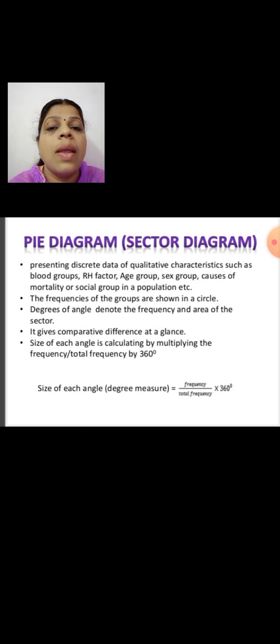Which are they? Blood groups, age group, RH factor, sex group, and the causes of mortality or social group in a population. So here the pie diagram is mainly used to represent the various qualities of each variable.